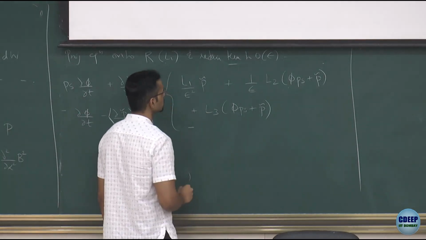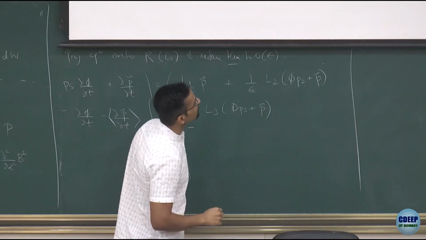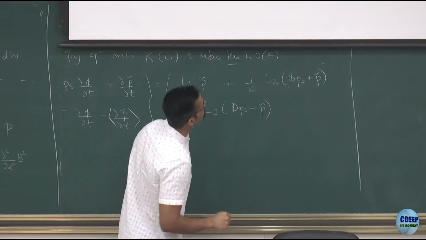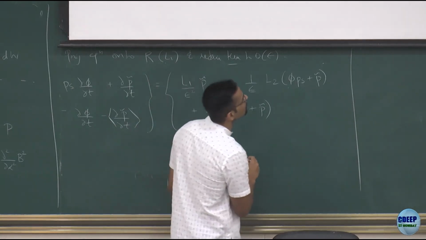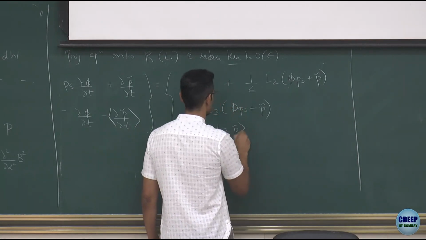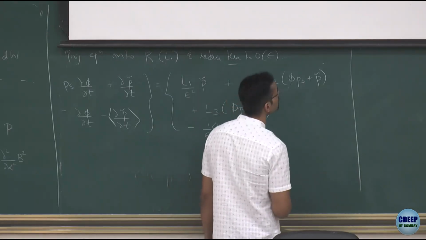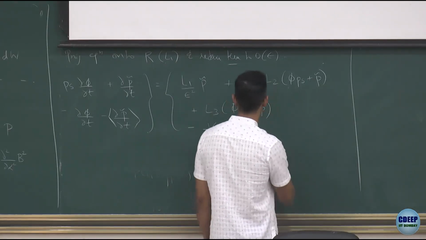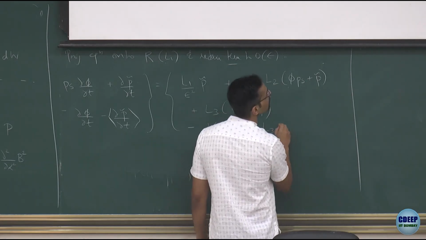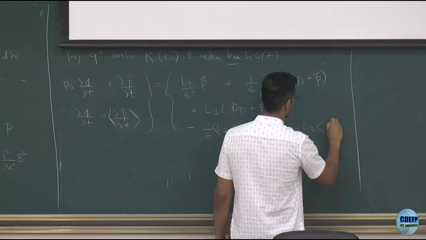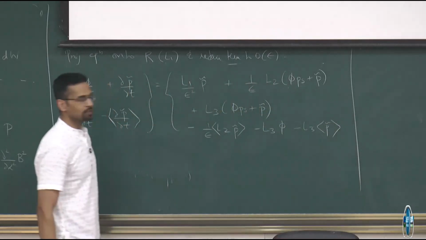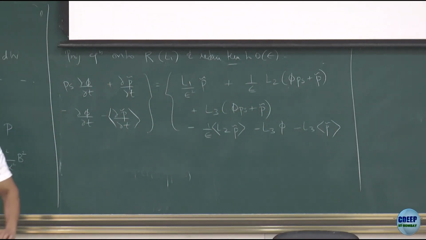And from here I'll have minus, okay, so that would be the full range complement equation where I subtracted out the projection onto the range.